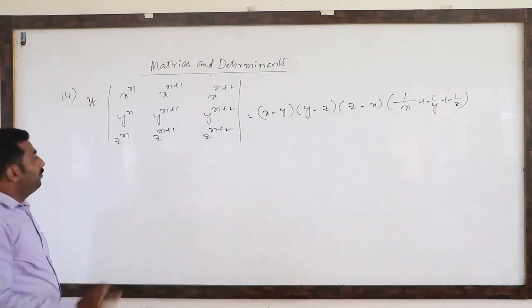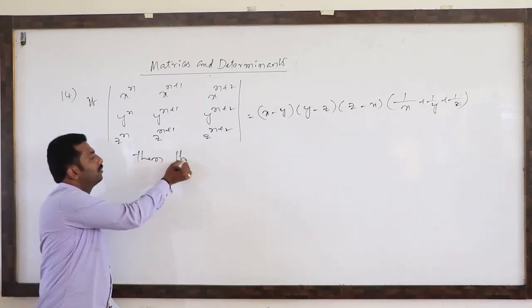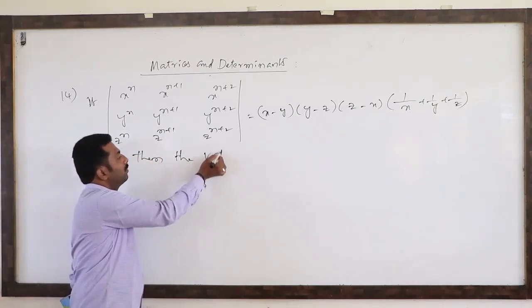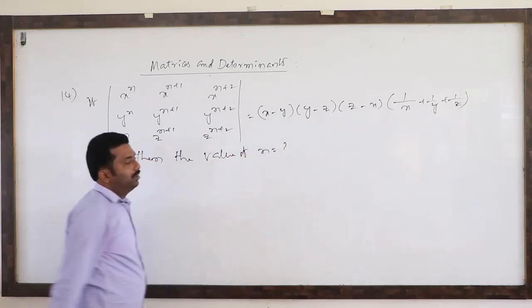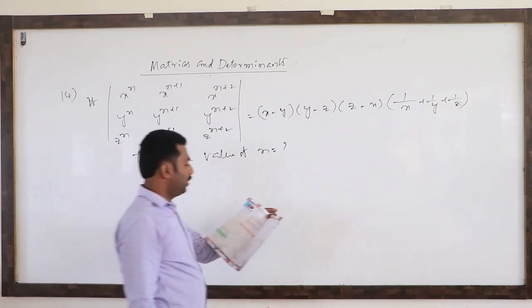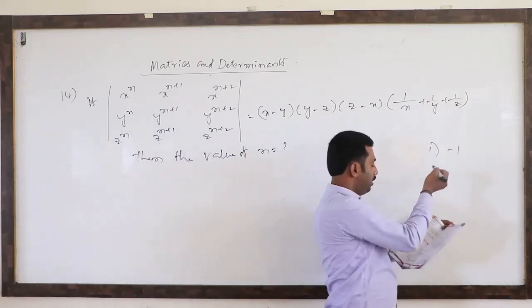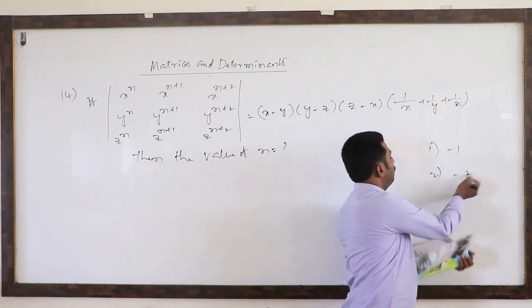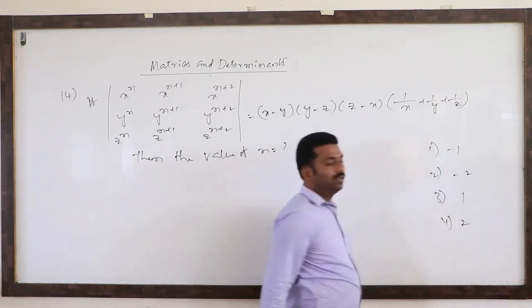Then the value of n. So first option minus 1, second option minus 2, third option 1, fourth option 2.